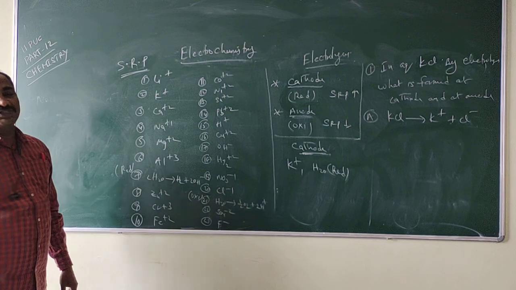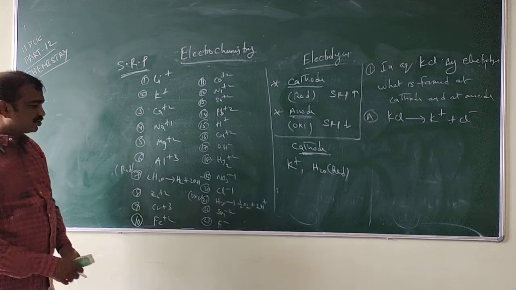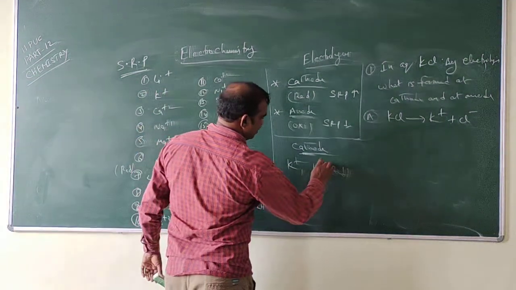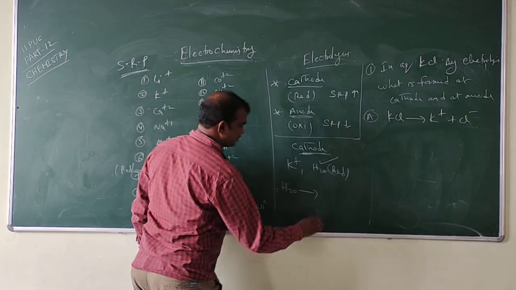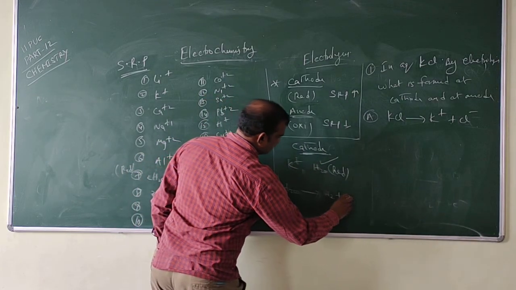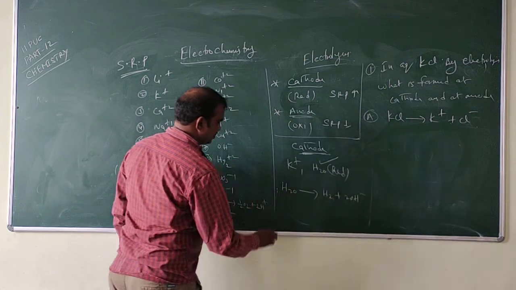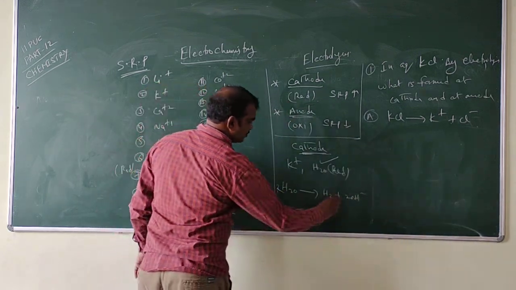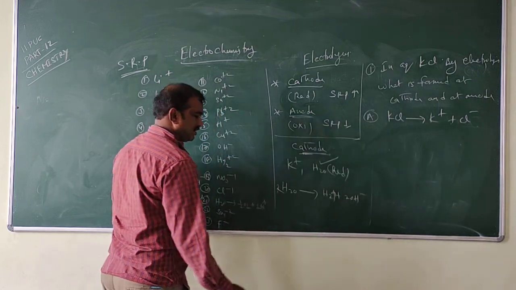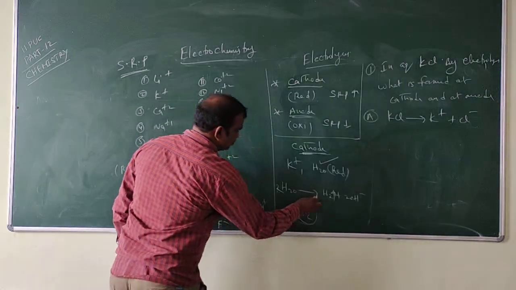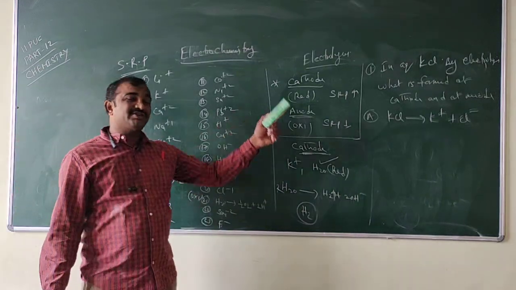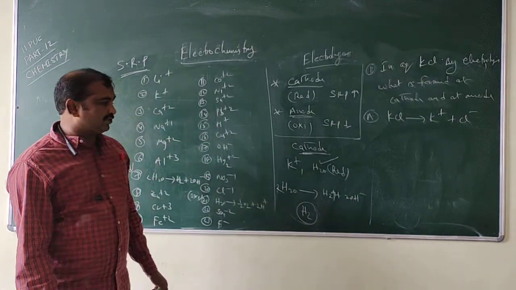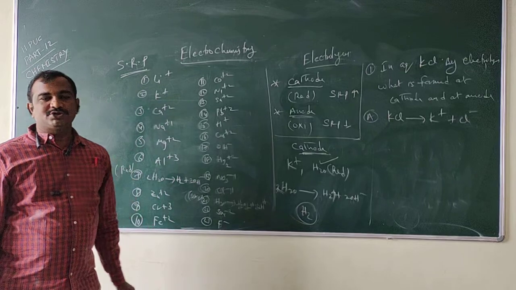So H2O reduction has the high SRP value, so this only we consider. That is H2O reduction giving H2 plus 2OH minus, from 2H2O. So which product is formed here? H2 is formed. So at cathode, in aqueous KCl by electrolysis, H2 is formed.